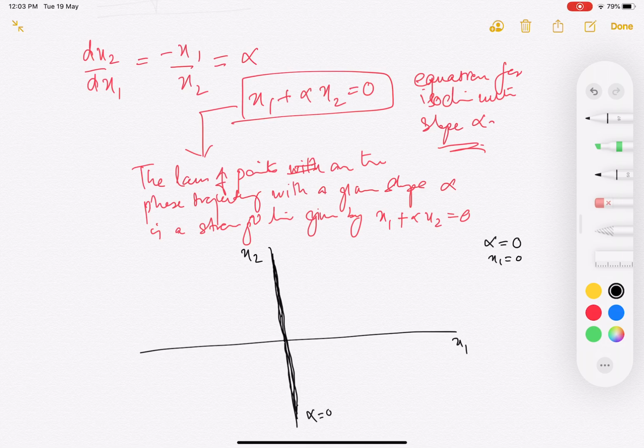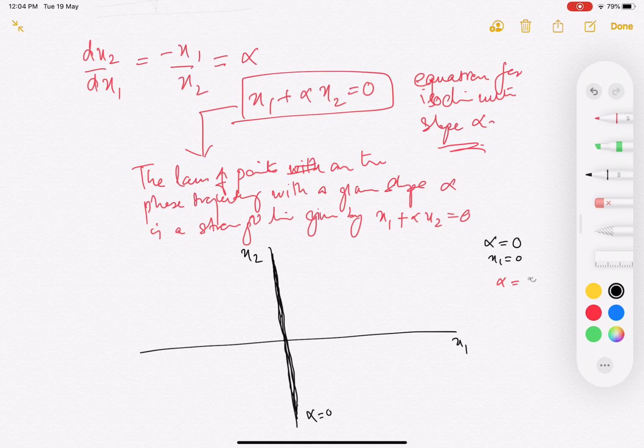Let me now take alpha is equal to, say, pi by 2, 90 degrees, right? Alpha is equal to 90 degrees, which in radians is pi by 2. No, but sorry, we are talking about slope, so slope is tangent. So for 90 degrees, I take alpha is equal to infinity.